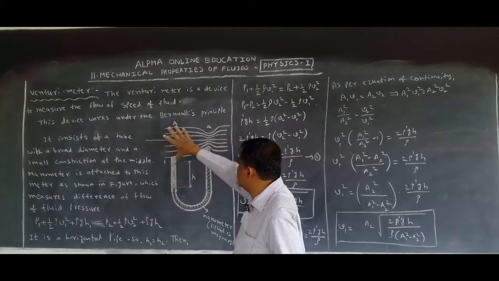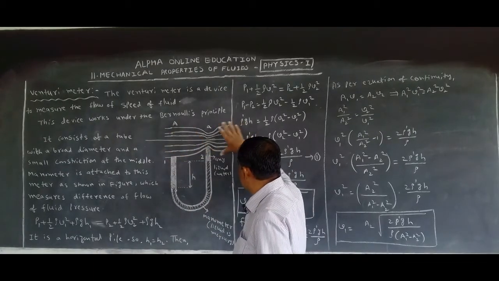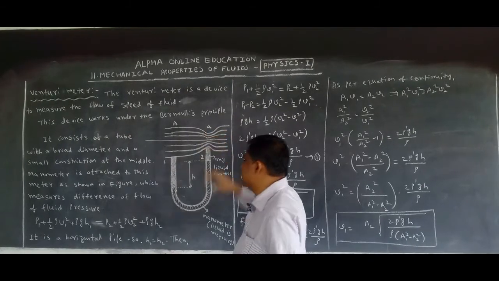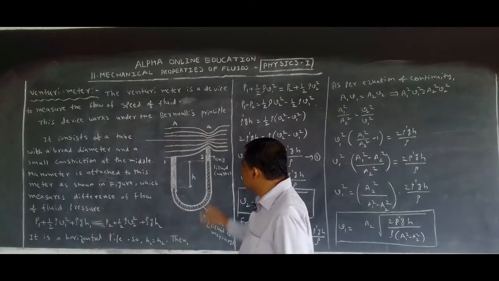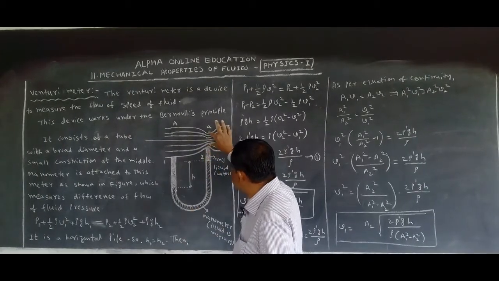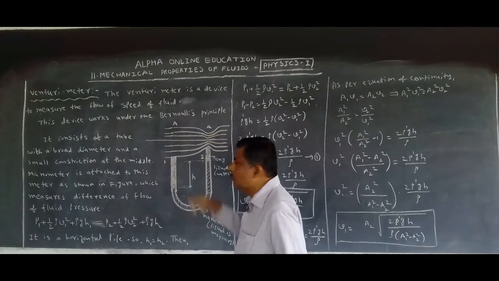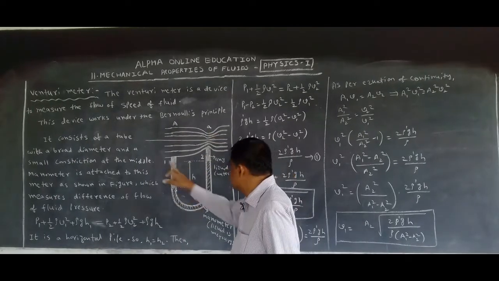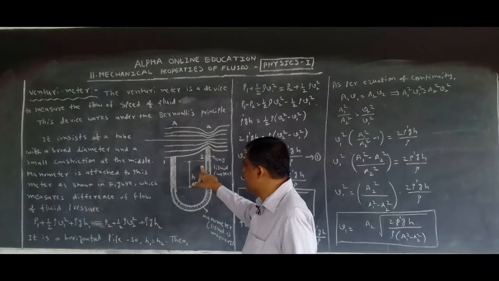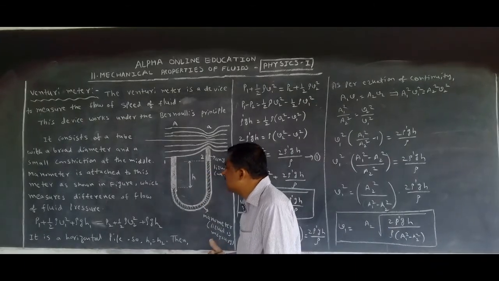Here the diameter is broad, here also broad, but in the middle there is a small constriction. Between the constriction place and the broader diameter, this is point 1, this is point 2. In between them, what can we connect?